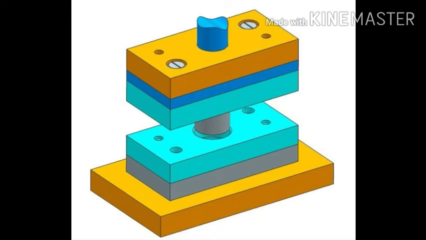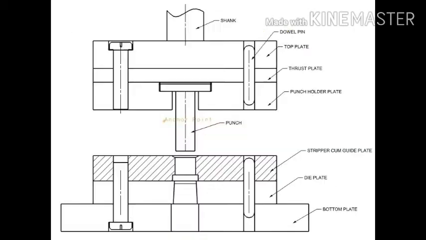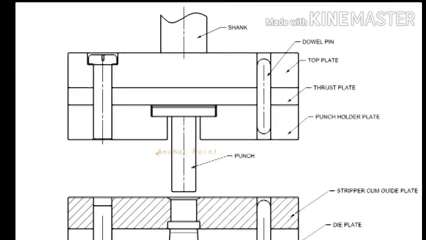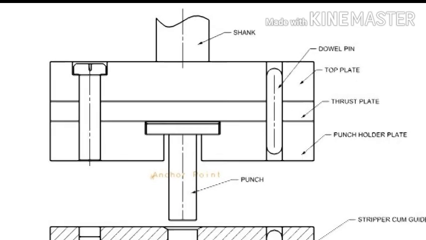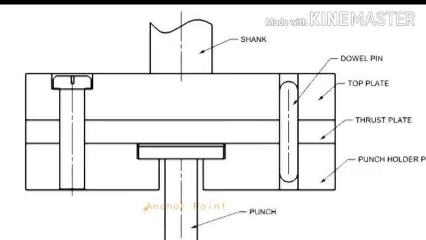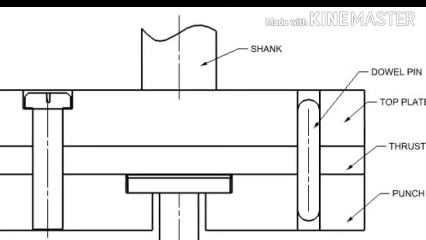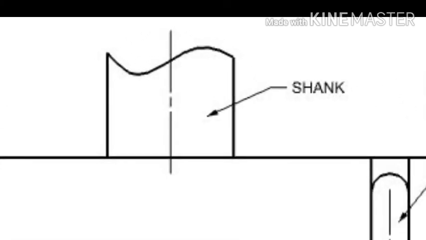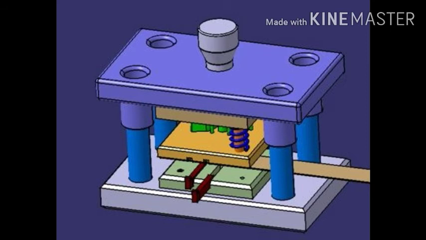Shanks are also available in the standard sizes for the different types of press machines. You can see the image of the shank. The lower portion of the shank has the threaded area which is going to fix with the top hole of the top plate.